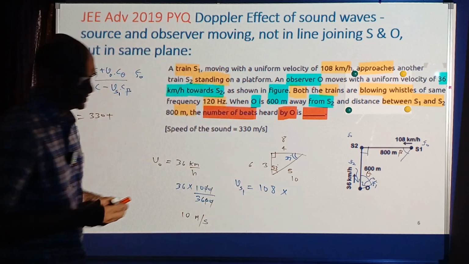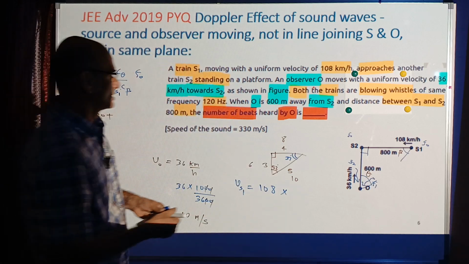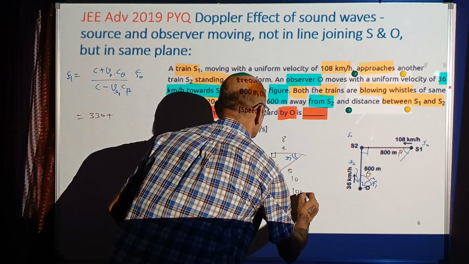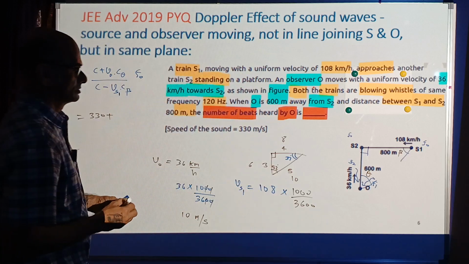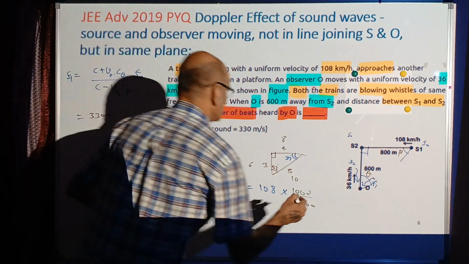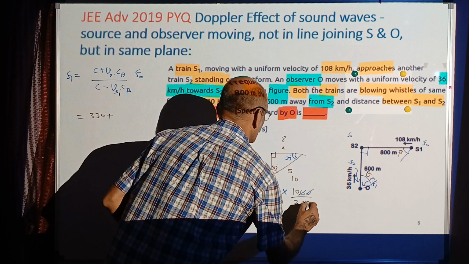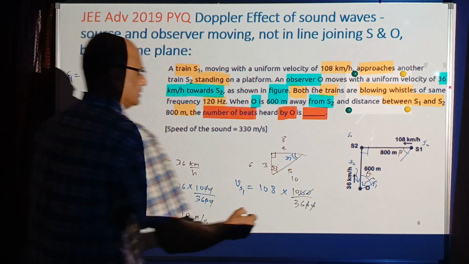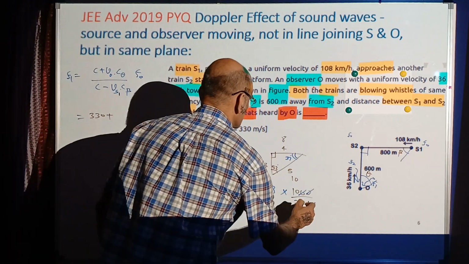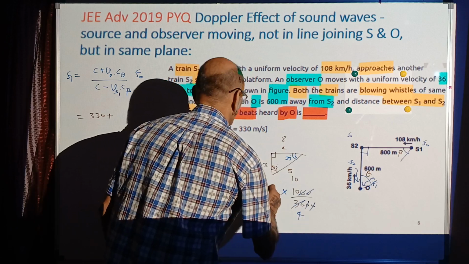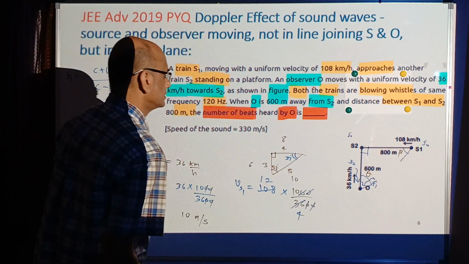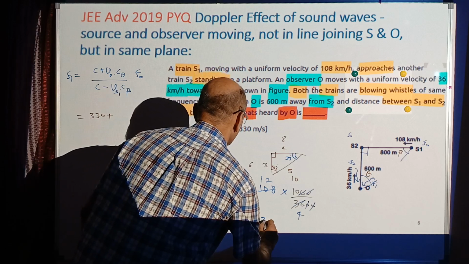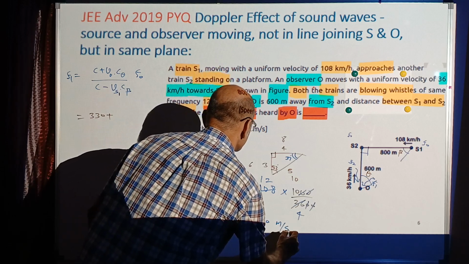So to convert to SI units, same factor, multiply by 1000, per second will be divided by 3600. 9 fours are 36, 9 ones are 9, 12, so 3, so it is 30 meter per second.